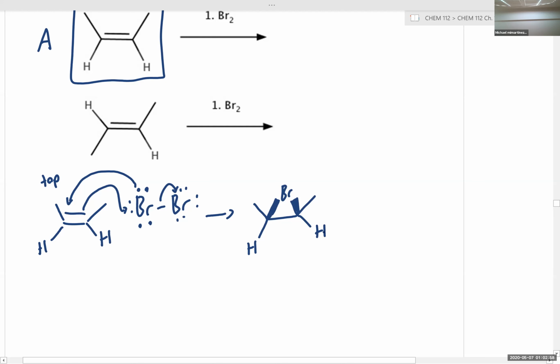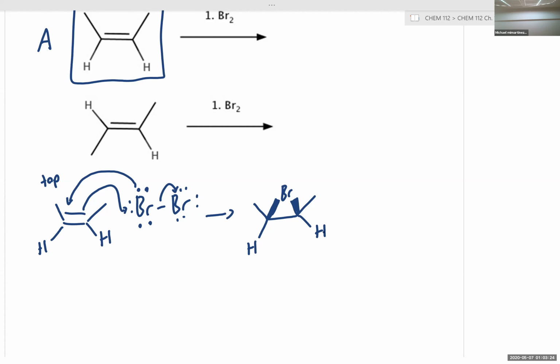Let me make a model of this process, and I'd encourage you at home to make a model of the following intermediate, and we'll talk about this reaction in detail in one moment. I'm just going to show you a model of our alkene and a model of our bromonium intermediate.